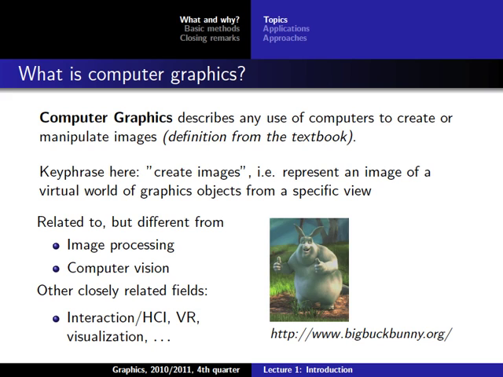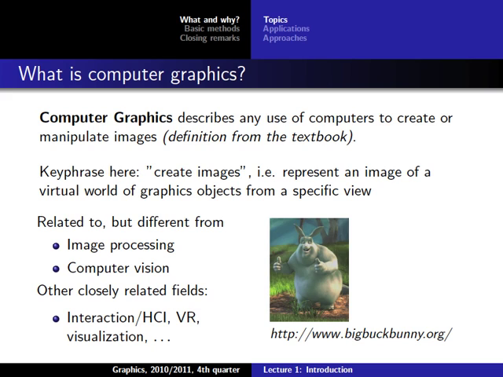But of course, those areas all overlap. So we use techniques, for example, from image processing also for computer graphics. Techniques from computer graphics are used in computer vision. So the borders are kind of smooth, but the general idea is clear that we split it into these three different areas.